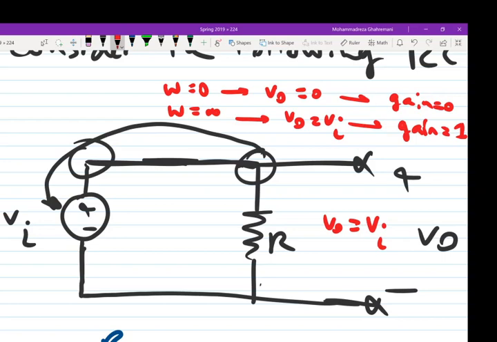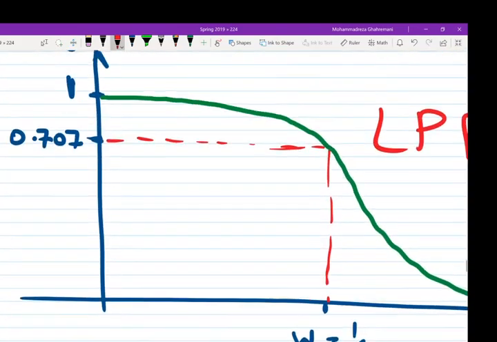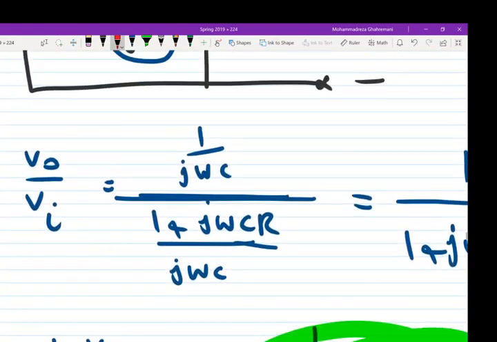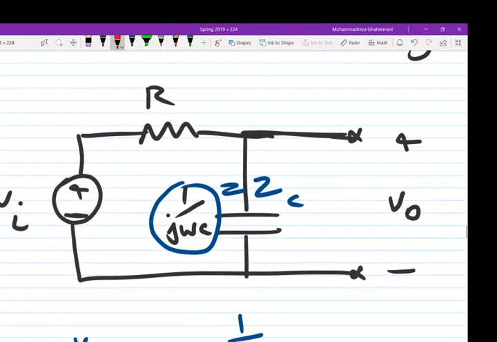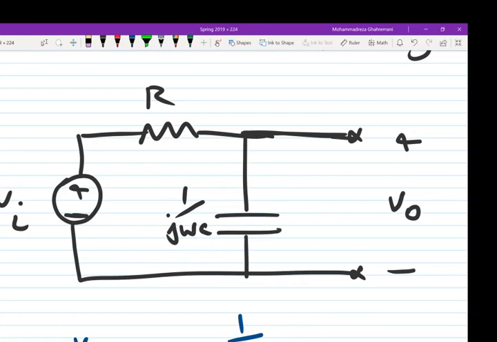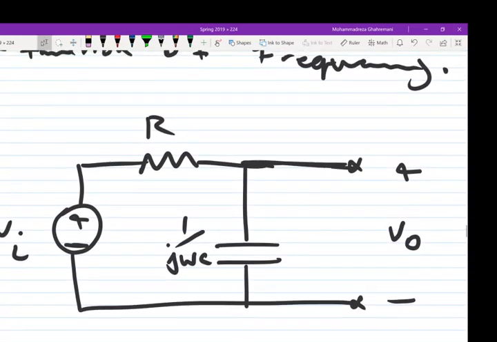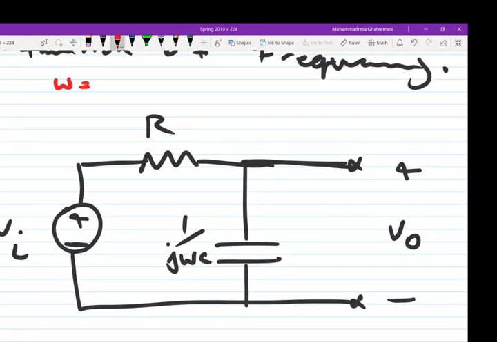Okay, let's do the same analysis for the other circuit we have here. Let's say omega is 0.